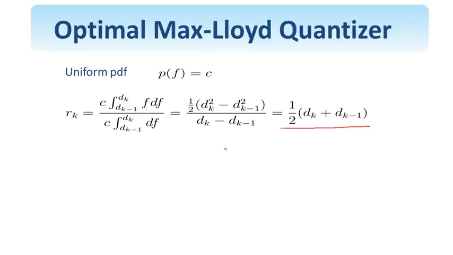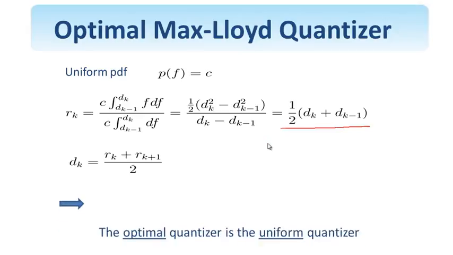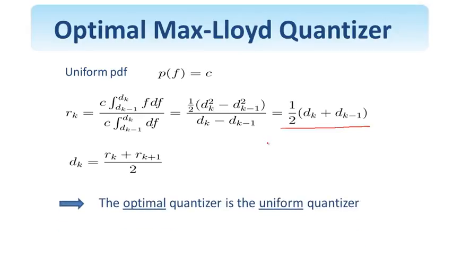And since we have that for any distribution d of k is the midpoint of the reconstruction levels, we see that in this case the resulting quantizer is a uniform quantizer. So this is an interesting result, that the optimal quantizer when the PDF is uniform is the uniform quantizer. Uniform quantizers are used widely because they're very easy and straightforward to use.